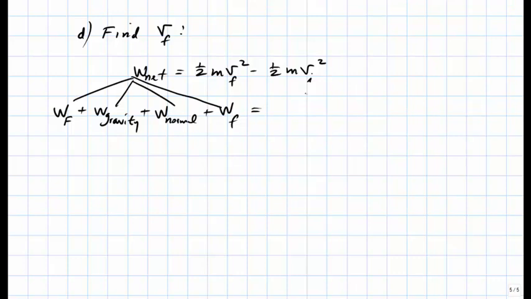The right-hand side will just equal 1/2 m v final squared, and we'll also note that since the initial velocity equals 0, it can be eliminated from the work-energy theorem.